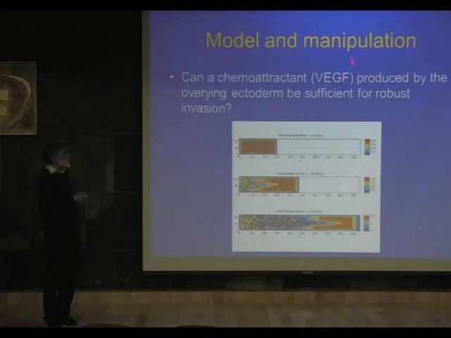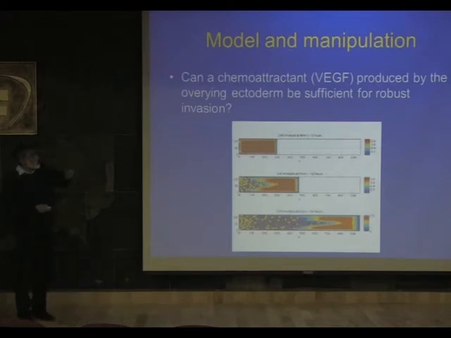Originally, this is how it was thought that the process was controlled. The idea was that these cells emerge under something called the ectoderm, which is a tissue, and this tissue produces VEGF, which is a chemoattractant. What that means is that cells move up gradients of the chemoattractant.